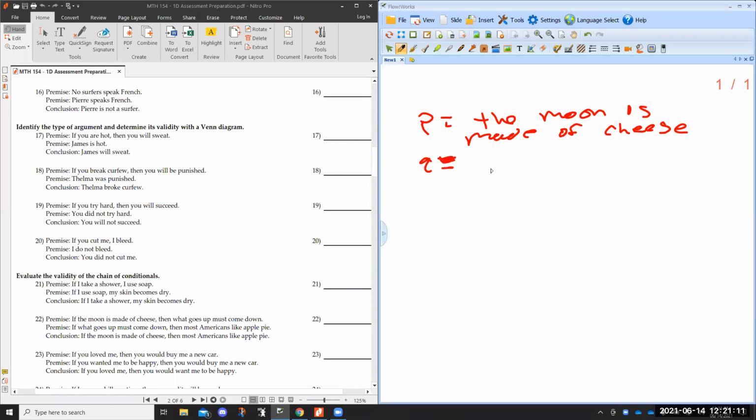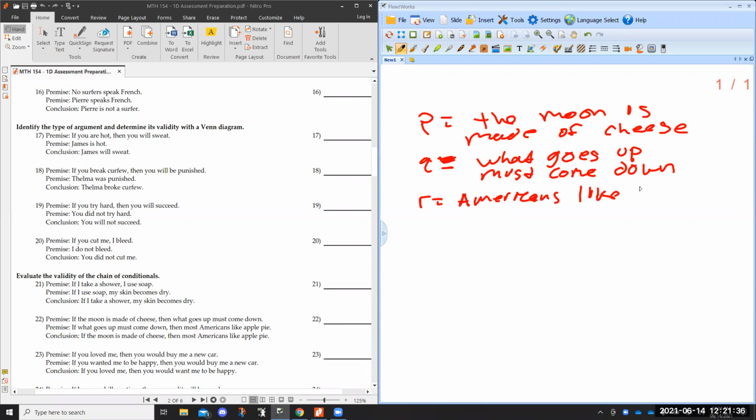Q is going to be what goes up must come down. R is Americans like apple pie.